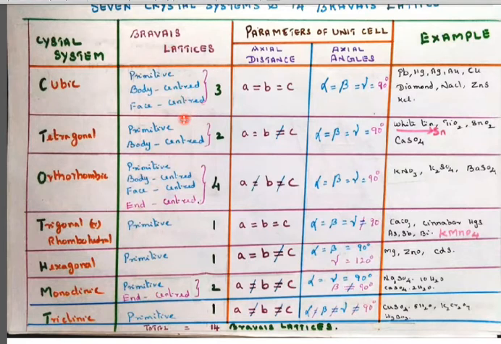Primitive means the atoms are present only at the corners of the cube. In non-primitive, atoms are present not only at the corners but also at other places, either on the faces or at the center. These are called non-primitive unit cells. A primitive unit cell belongs to simple cubic. Non-primitive unit cells are BCC, FCC, and end-centered.